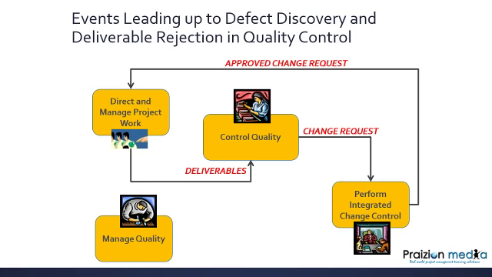Those sneaky little project management plan updates and project documents updates that you see. Guess where they are in theory affected? It's through the approved change request going back into direct and manage project work.